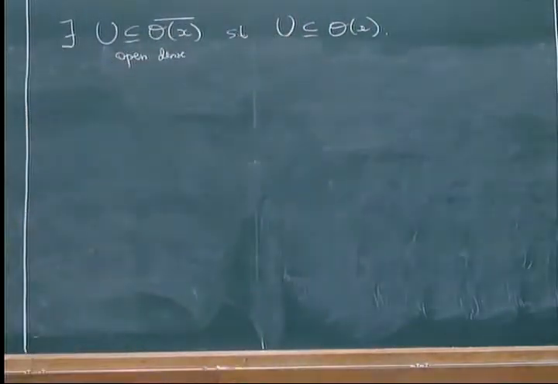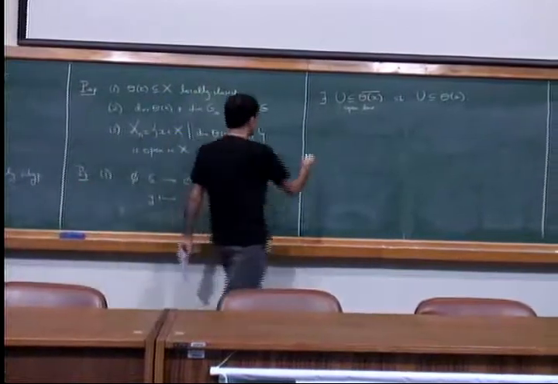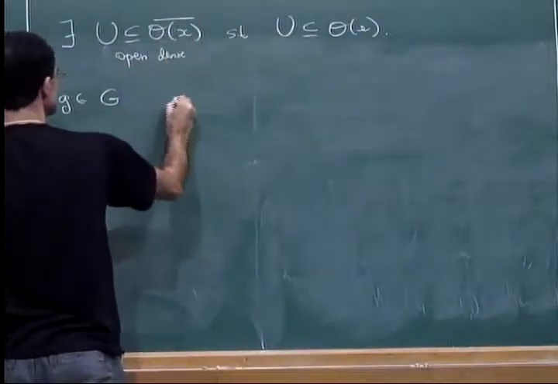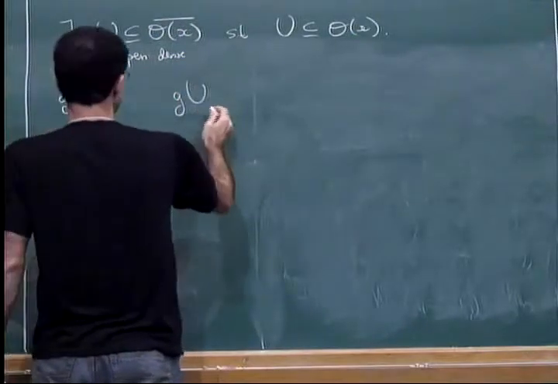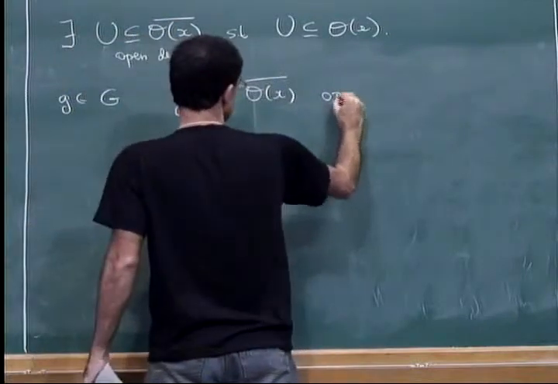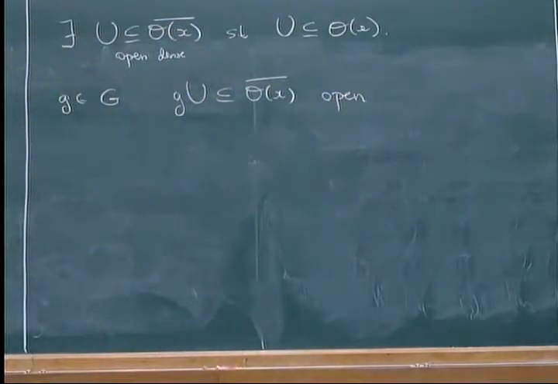Now the orbit and its closure are invariant. So when you pick an element in the group, it acts upon here, and when I look at the image of U, I then get another open set, because G acts by automorphisms of the closure.